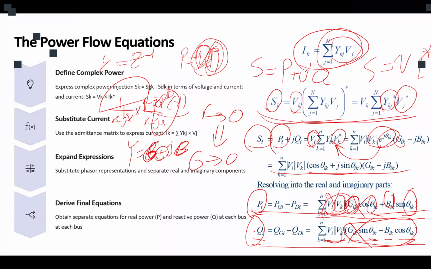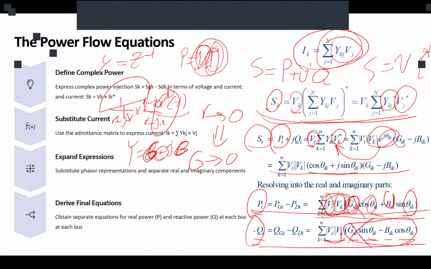You remember that? So if the grid should work on a stable voltage, what does that mean? That means the voltage between J and K should not vary too much. So these two should basically be very close to each other.